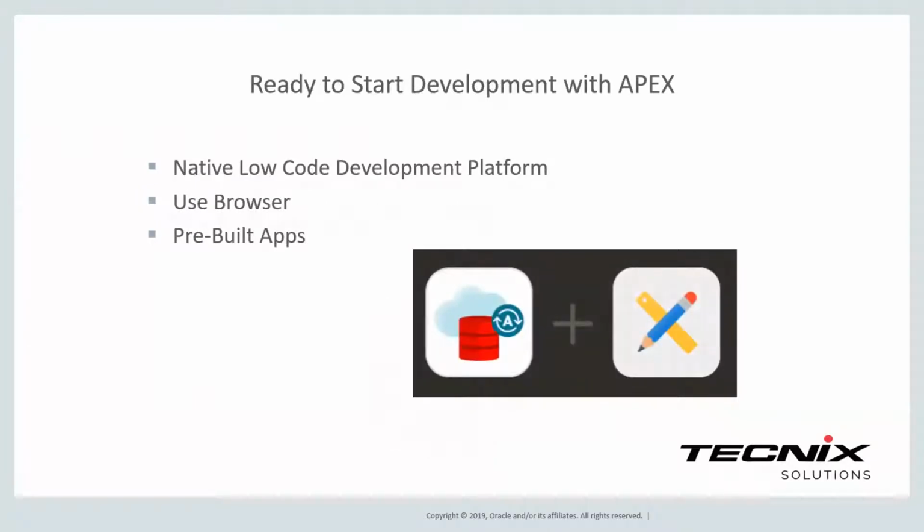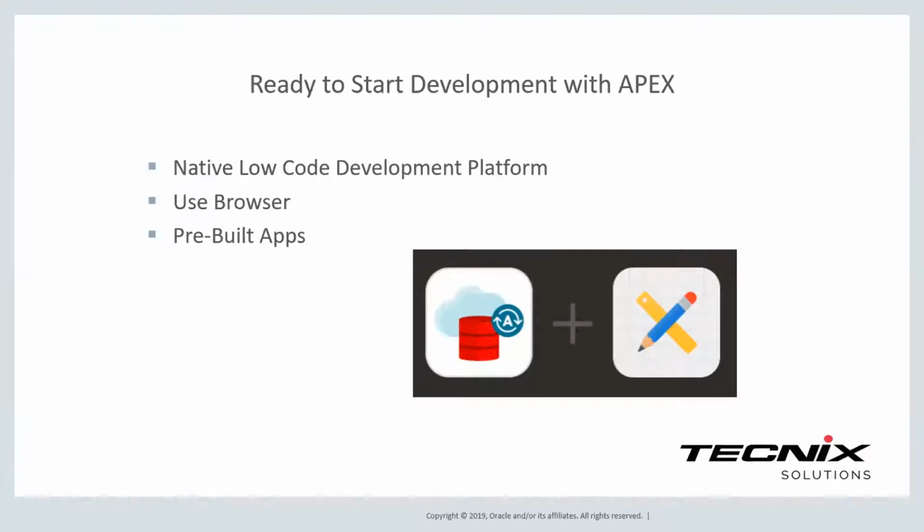In this case, we also have the database ready to start development with Apex. Apex is a native low-code development platform. It's very easy to learn, and it's responsive code that we can use using only our browser.